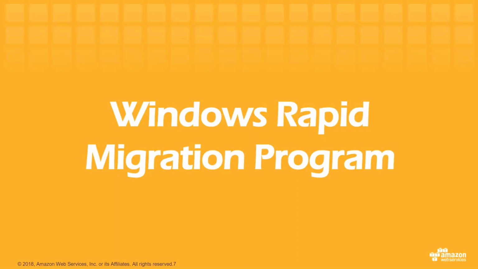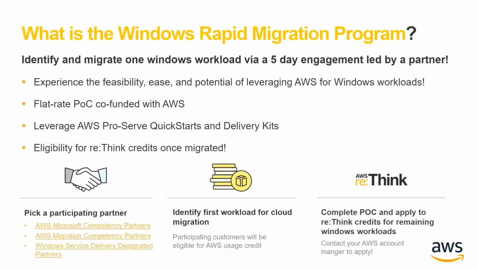Before we end, I want to talk to you about our Windows Rapid Migration Program. Together with the AWS, Microsoft, and migration competency partners, as well as our new AWS Service Delivery Designated Partners, we're offering you the ability to migrate one Windows workload with a 5-day engagement led by one of these partners. We'll provide a flat rate POC, and you can leverage some of the quick starts and our AWS ProServe delivery kits and the help of our AWS partner to quickly try out bringing across your first application to AWS.